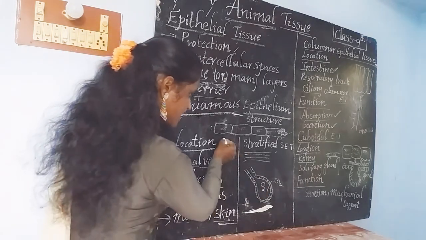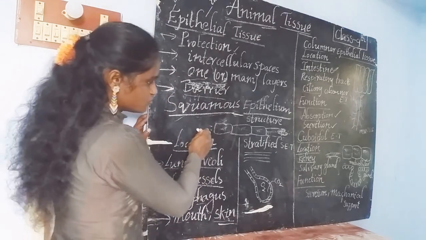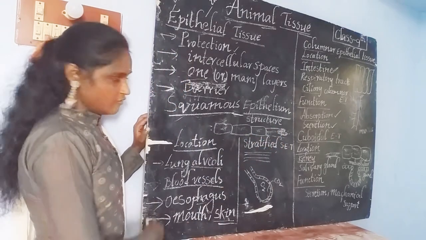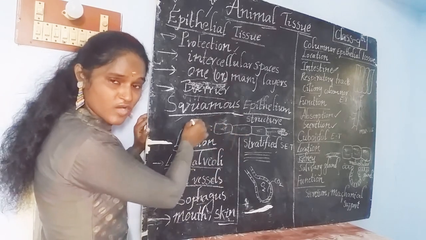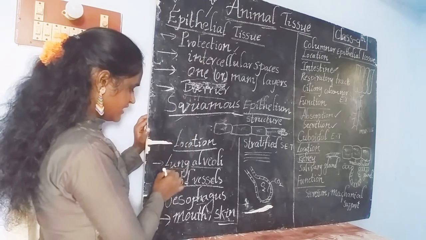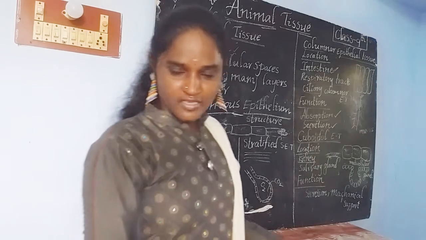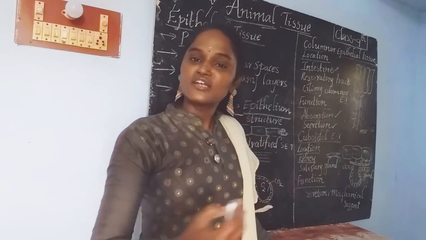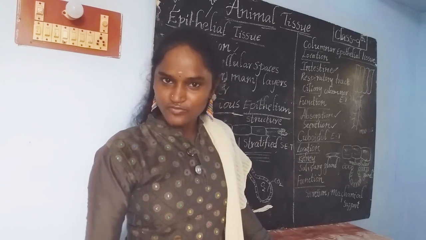If we talk about the structure, the cells of squamous epithelial tissue are very flat and there are no intercellular spaces. If you want to know the location of squamous epithelial tissue, see, it is present inside the lung, in the alveoli. What is that? The structural and functional unit of the lungs is called alveoli.